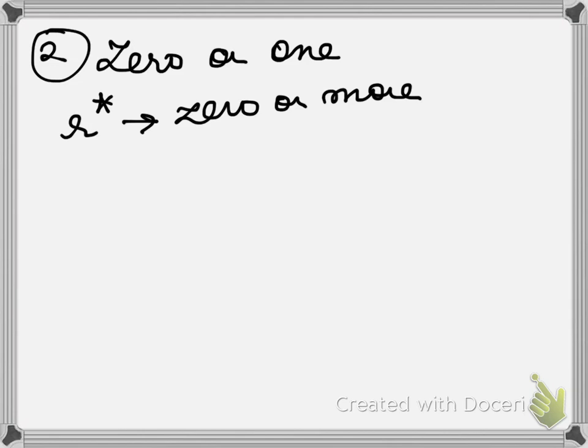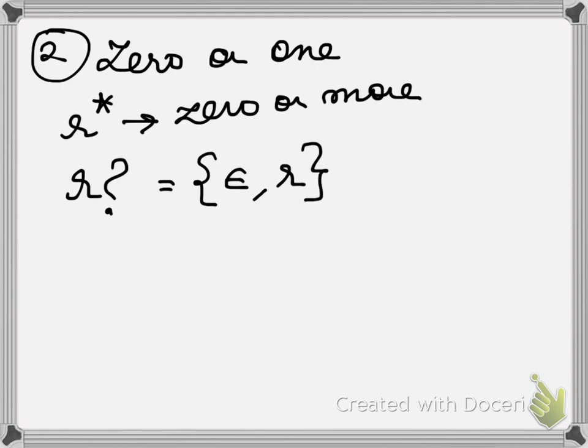So it is written like this using the unary postfix operator question mark. So this means 0 or 1. When I write r question mark, it means either 0 or 1, no more repetitions. So this is the second extension.